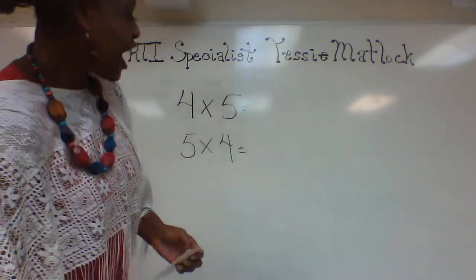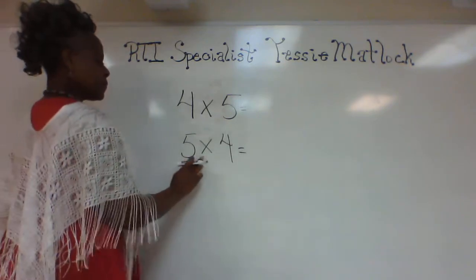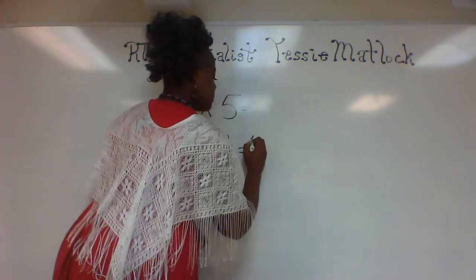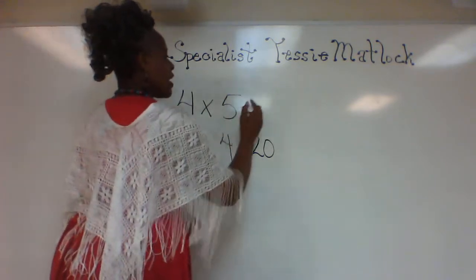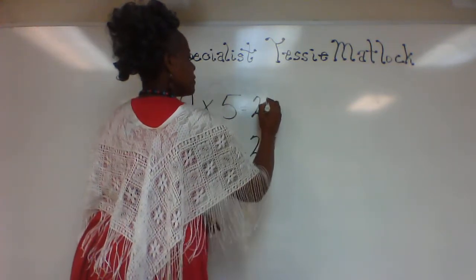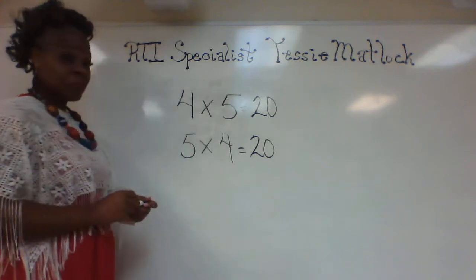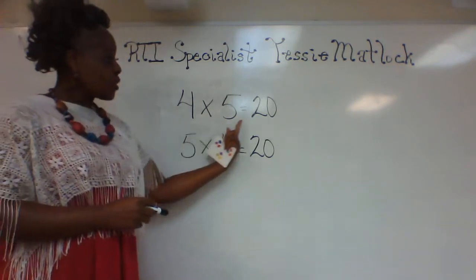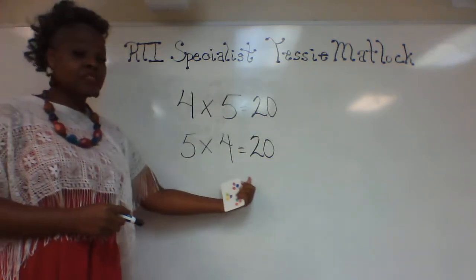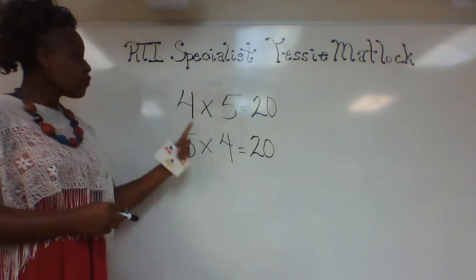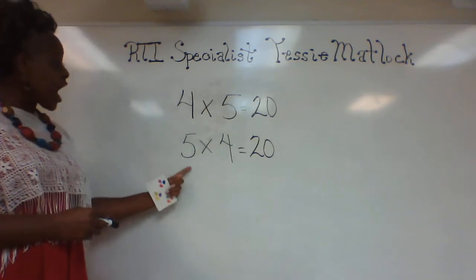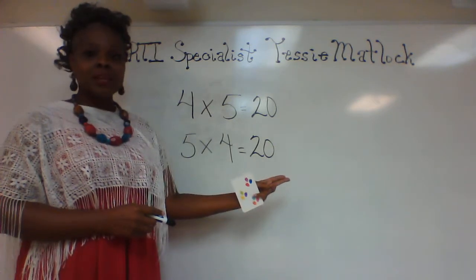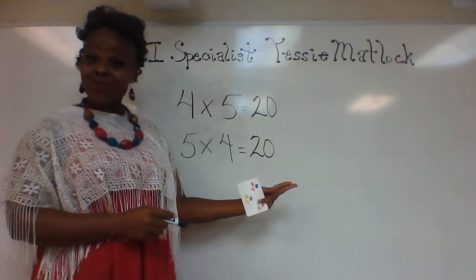So 5 times 4 is 20. And 4 times 5 is 20. Good. These are the members in this family. 4, 5, 20. 5, 4, 20. You won't see these numbers without one another.